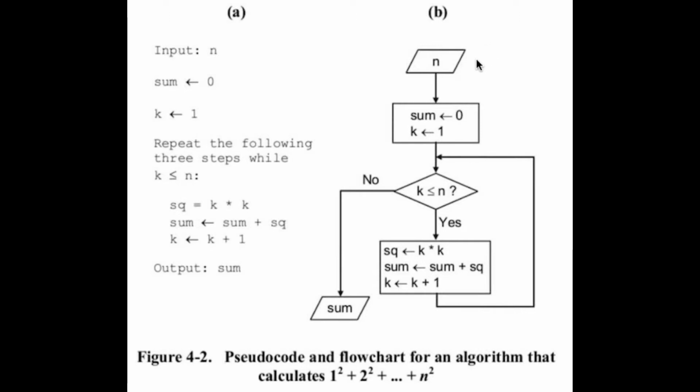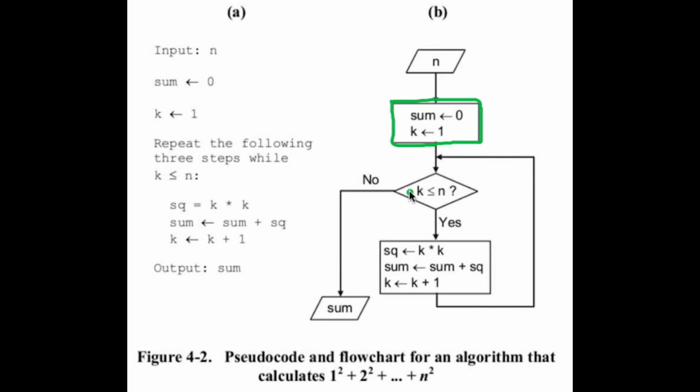So over here, same thing, just using a flowchart. The parallelogram is used to indicate that there's an input or an output, so you see it here and here. The boxes are used to indicate that you're just basically changing variables, some code where you're doing assignment statements.